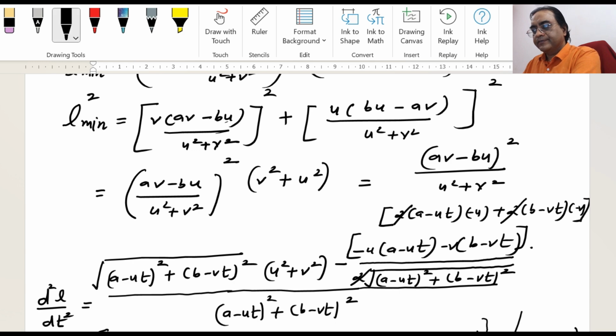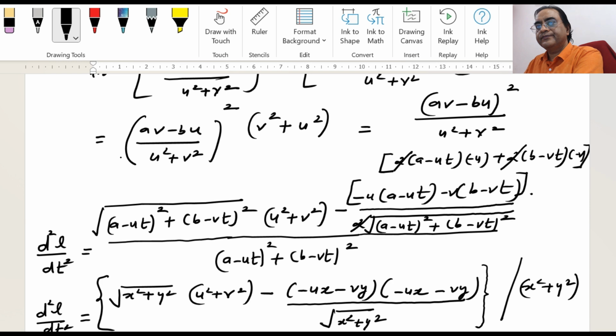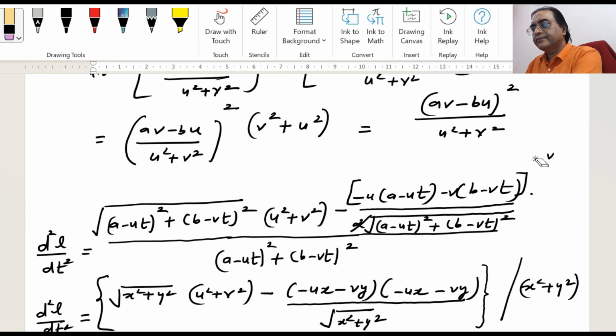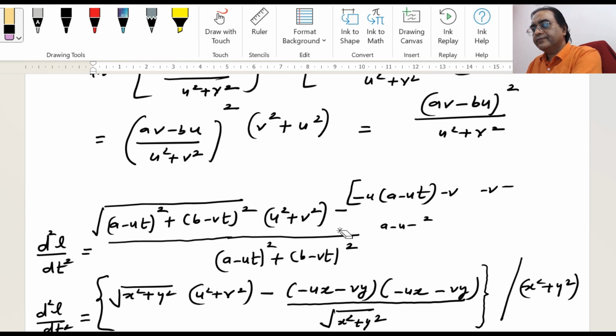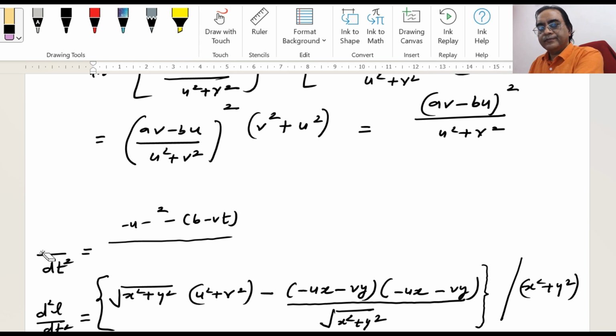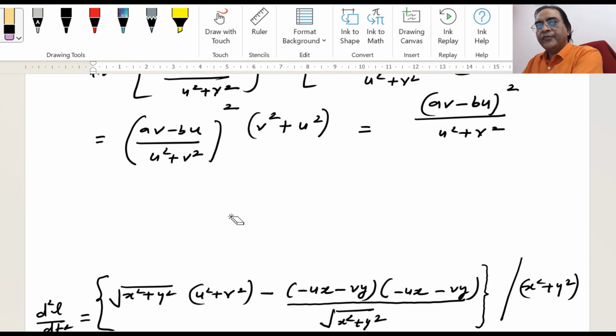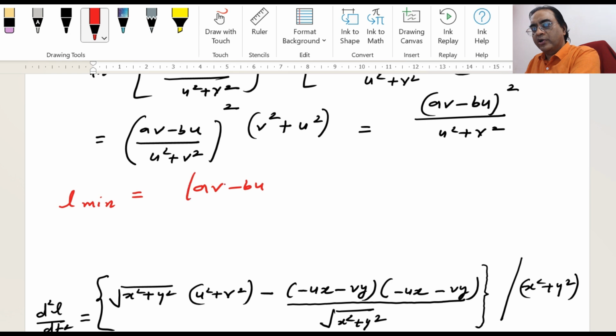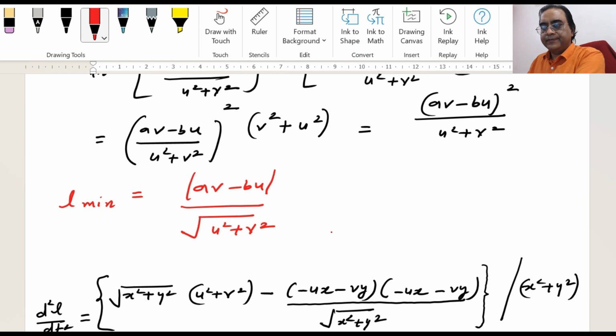Now we can take under root. So L minimum is mod of (av minus bu), divided by under root (u square plus v square).